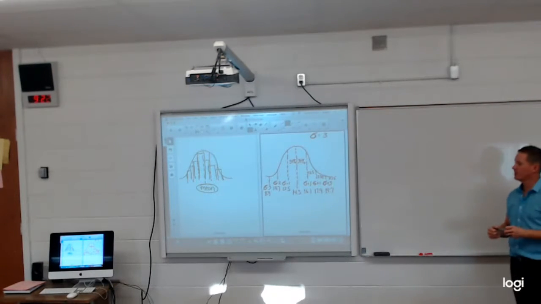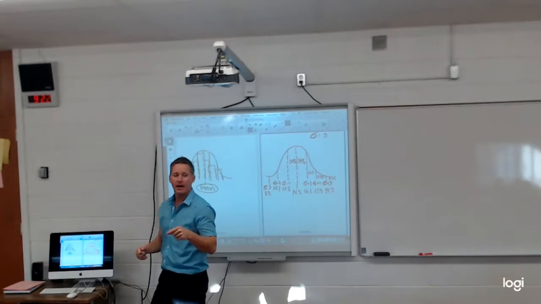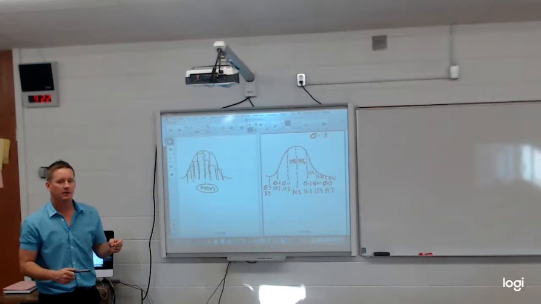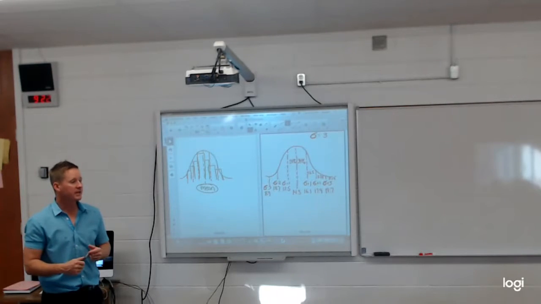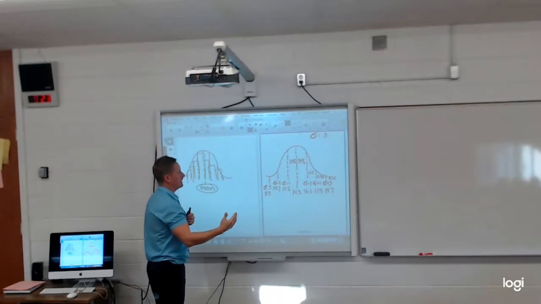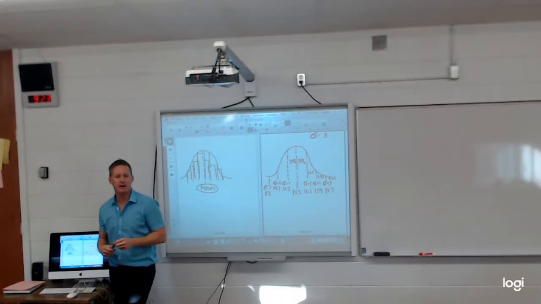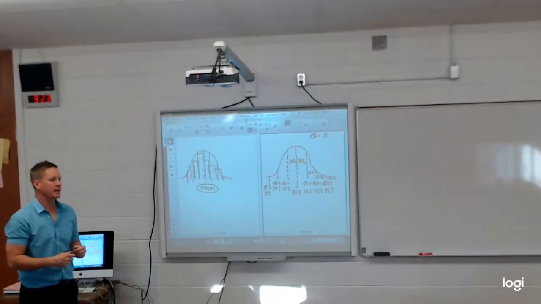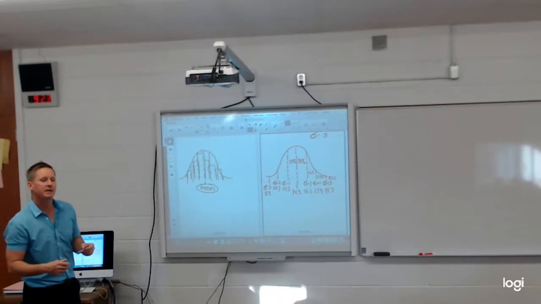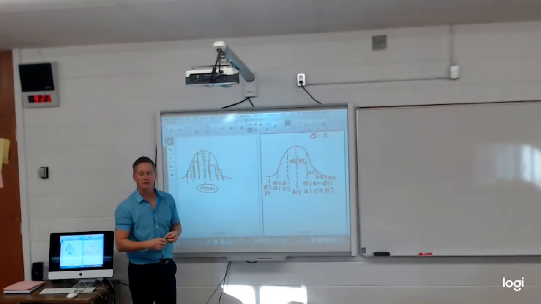If I asked you, how many of those Burmese cats are going to live between 12.5 and 14.3 years, you're going to say 34% of them will. If I said, how many of those Burmese cats are going to live longer than 14.3 years? 50%. How many of those Burmese cats are going to live less than 14.3 years? 50%.